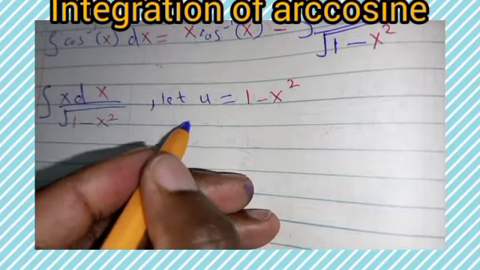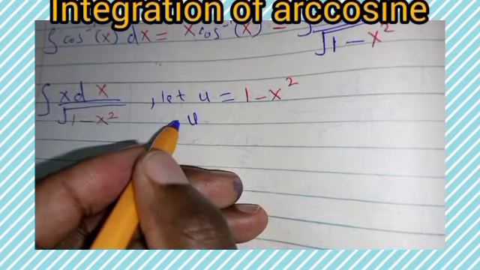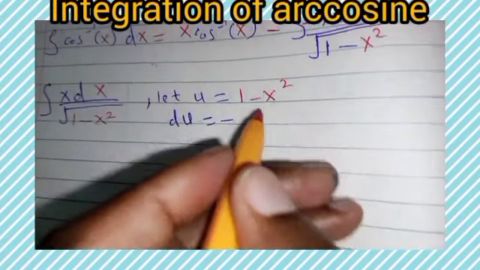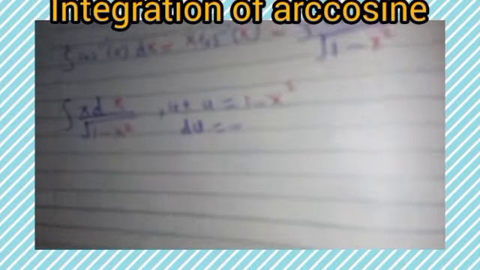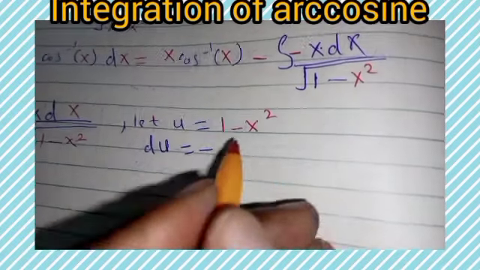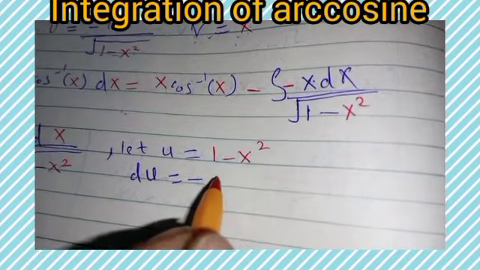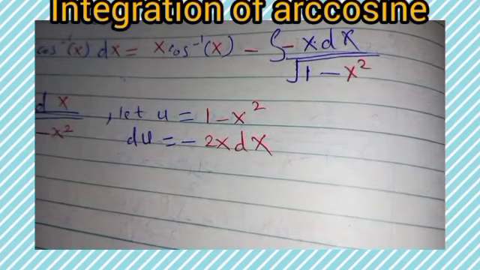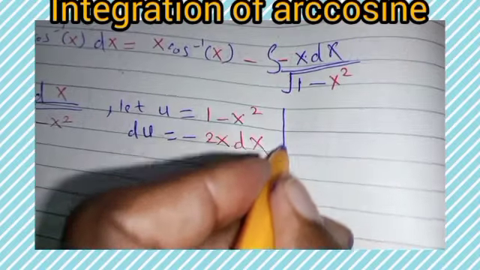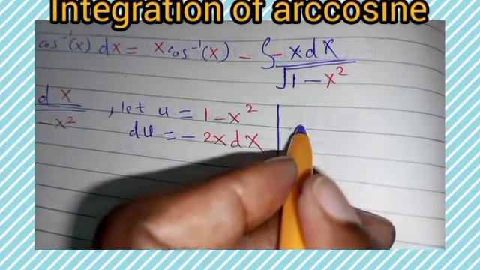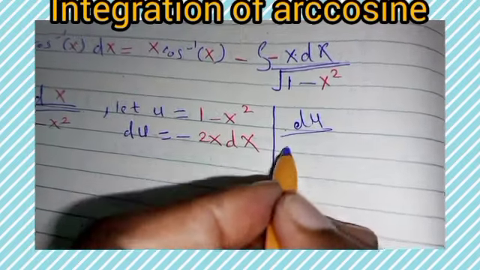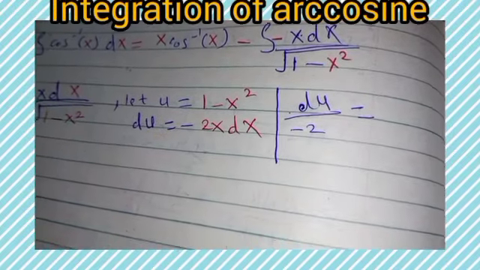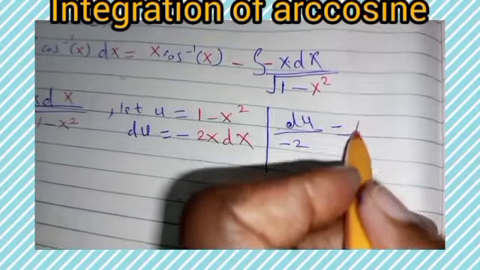Then we differentiate, du will be equal to negative 2x dx, since differentiating x squared gives 2x. Then you divide both sides by -2, and du divided by -2 leaves you with x dx.